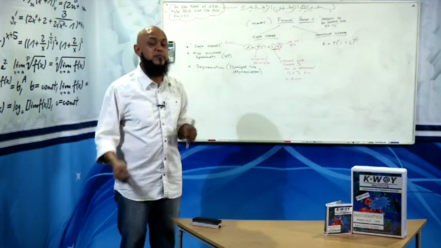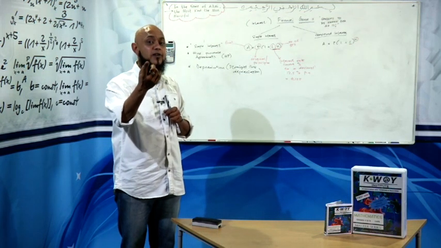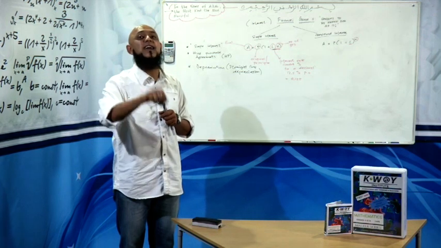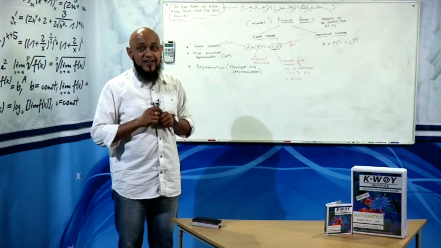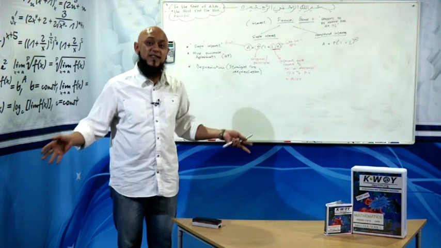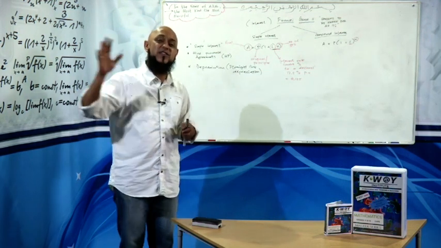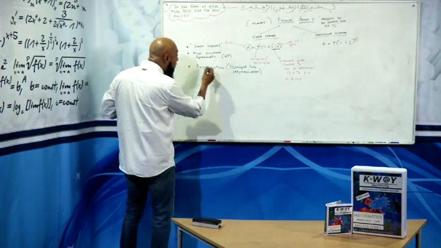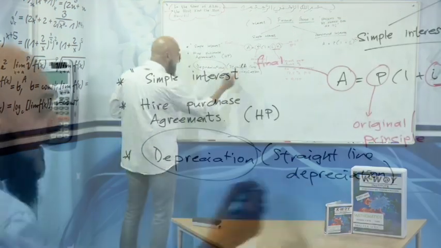Everything depreciates. For those of you who are doing accounting, do you know what doesn't depreciate? The only thing that doesn't depreciate is land. Land appreciates; everything else, motor vehicles, equipment, depreciates. It becomes scrap. It gets a book value. And that's where we will be using straight line depreciation.